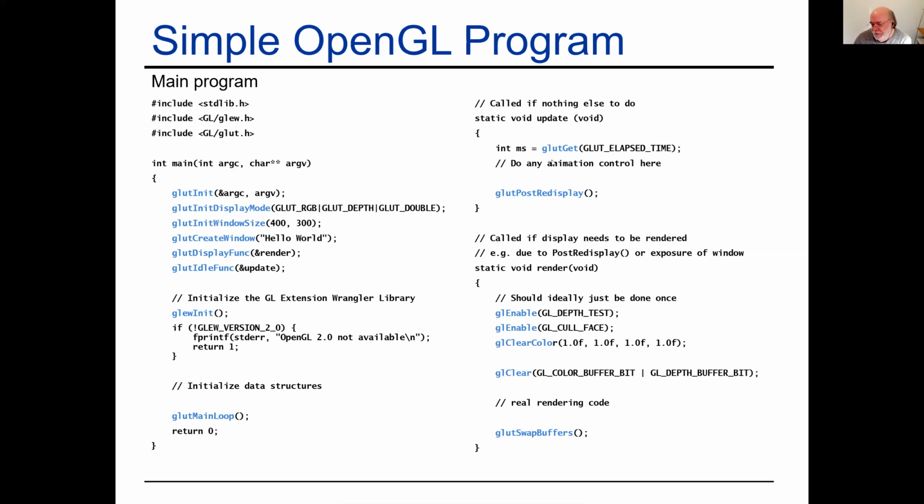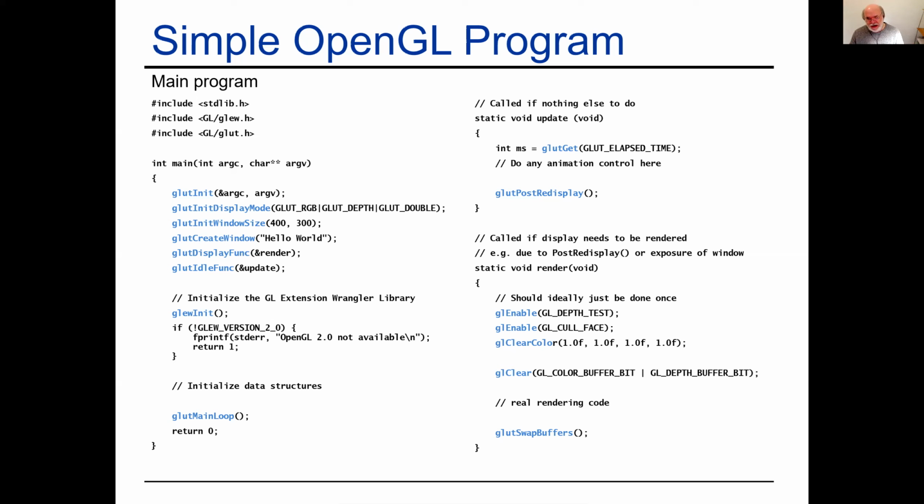So once we're done with everything, the next thing we do is initialize the extension Wrangler library. I didn't talk too much about that, but OpenGL allows vendors to add extensions to OpenGL. So there's certain base functionality that's always there, given the version that the driver implements.